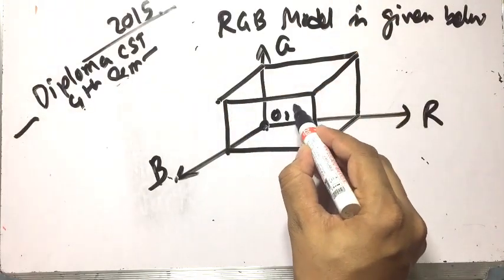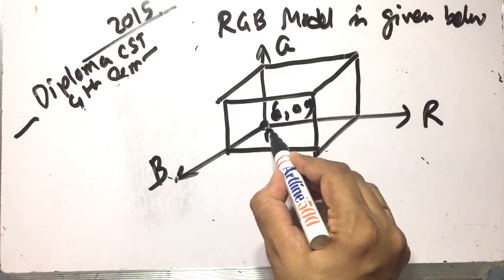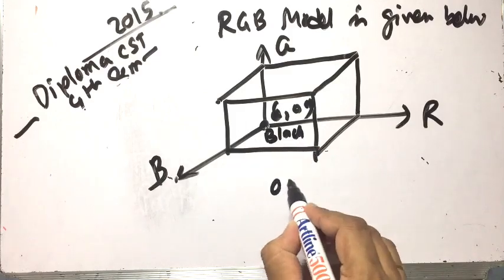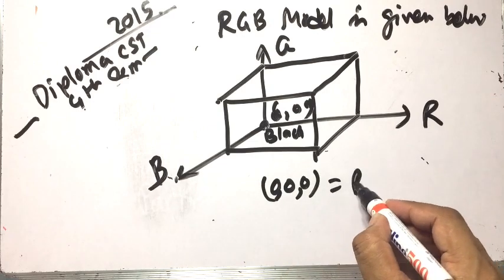This is 0, 0, 0. The coordinate 0, 0, 0 means X 0, Y 0, and Z 0, which is black.